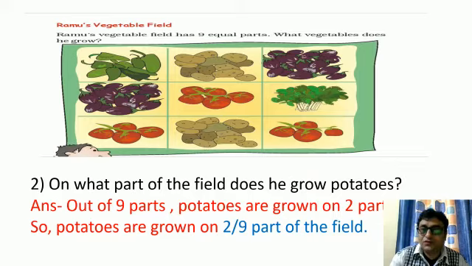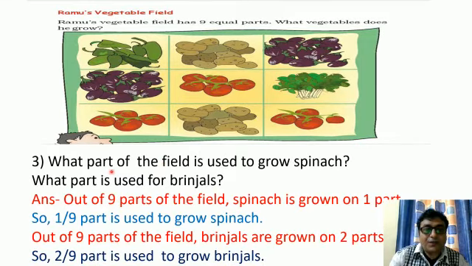So the third question is, what part of the field is used to grow spinach? And what part is used for brinjal? Again, it is not asked how many parts. What part of the field? So again we have to answer in fraction. So out of 9 parts of the field, spinach is grown on 1 part. So 1/9 part is used to grow spinach.